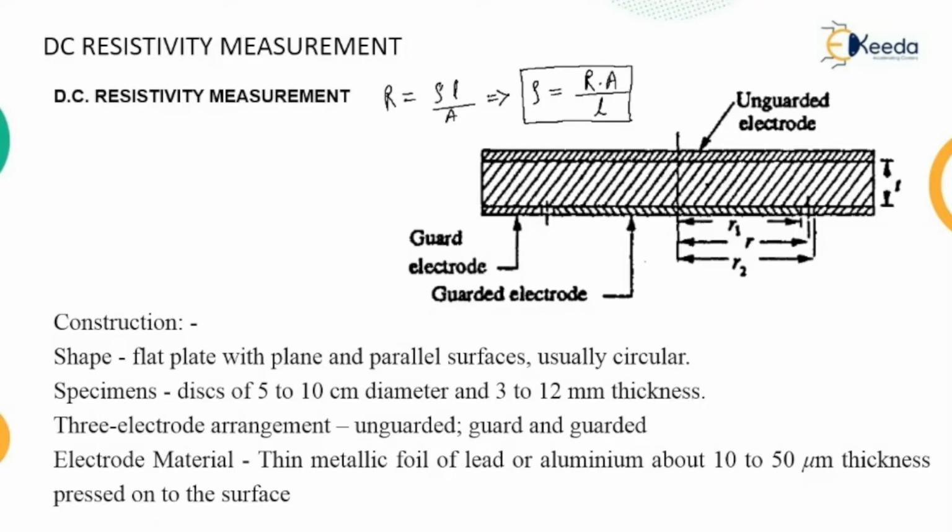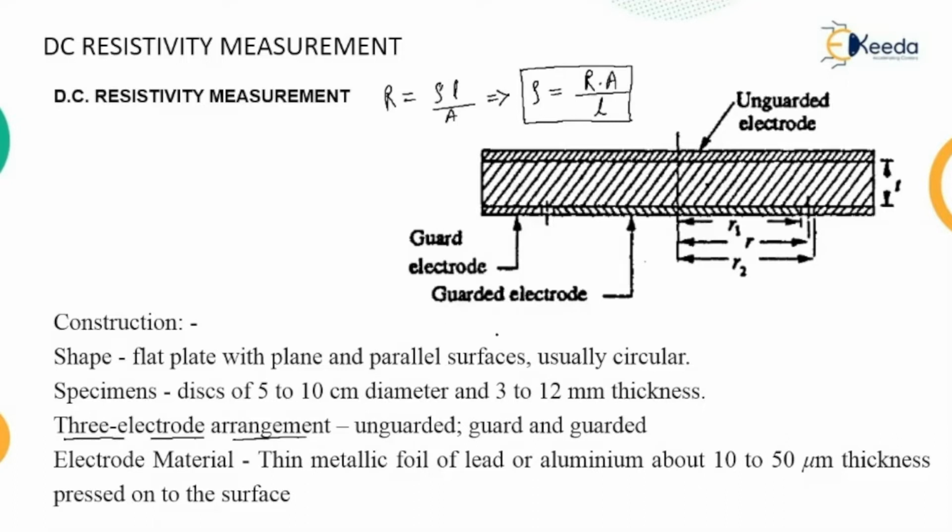Now you can see, if the electrodes are arranged in contact with the surface of the specimen, the measured resistance will generally be greater due to the surface conductivity effects. Often, a 3 electrode arrangement is used. You can see that 3 electrode arrangement in the diagram.